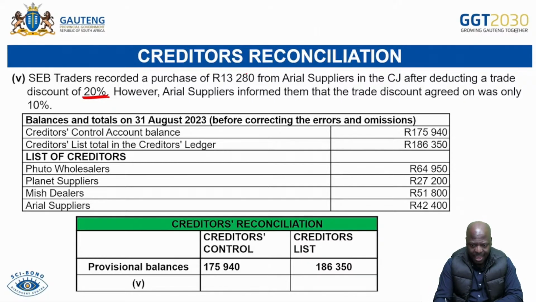The 13,280 is an amount. SEB traders recorded a purchase of 13,280. This 13,280 is after deducting a trade discount of 20%. That means there was an amount before deducting, which is 100%. We don't know that amount. And we deducted a trade discount of 20%.